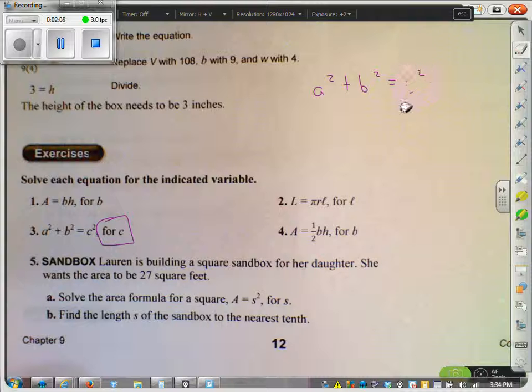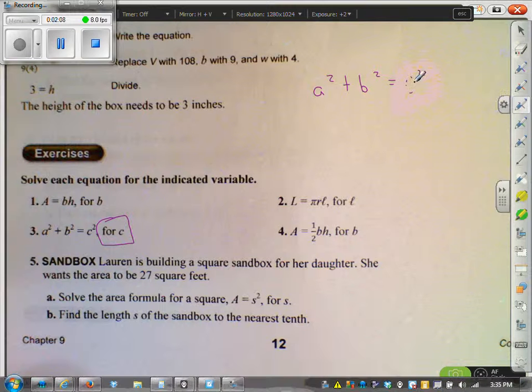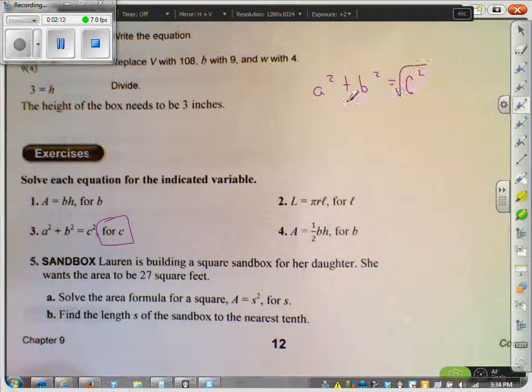If we undo this, we're going to have to find the square root. So we find the square root of both sides of the equation. Everything on this side has to also be done on this side. When we find the square root of c squared, we get c all by itself, and we find out c equals the square root of a squared plus b squared.